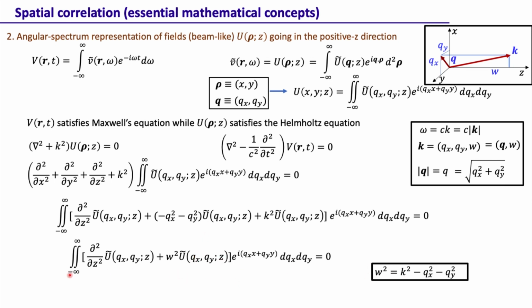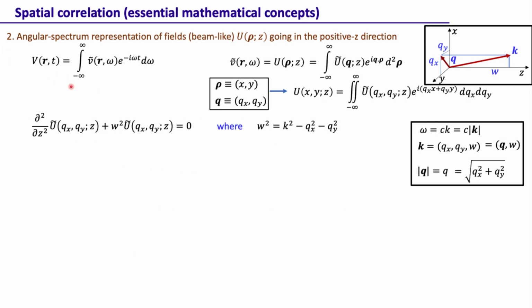Okay, now since this entire integral is 0, the only way it can happen is when this term for every qx and qy is actually 0. So this thing being equal to 0 says that u tilde(qx, qy, z) has to satisfy this differential equation.